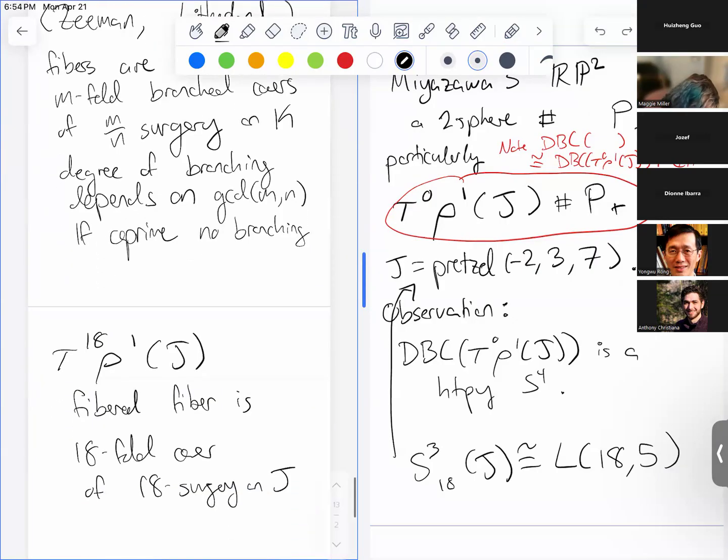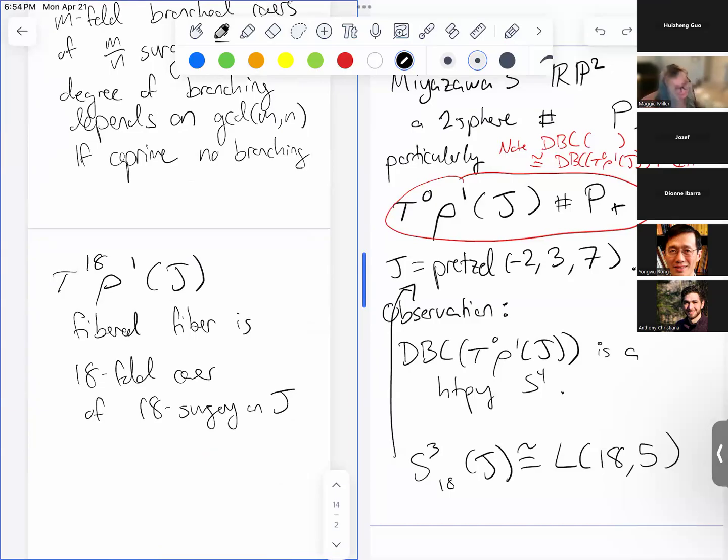Well, okay, if you take the 18-fold cover of the 18 lens space, that's S3. So the closed fiber is S3, so it has a two-sphere boundary. It's actually B3, so this is actually the unknotted sphere. And this appeared in a paper by Teragaito.